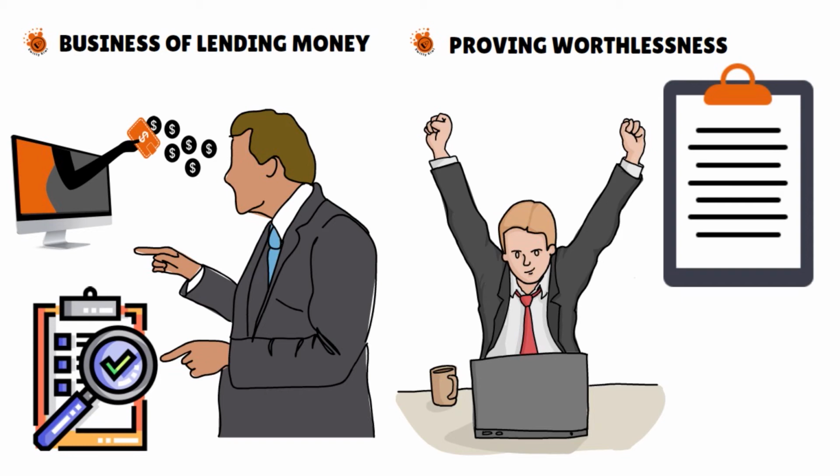So proof of worthlessness is best established by an identifiable event demonstrating the loss of value for the debt. So if you have casualty, you have theft, you have what we call acts of God, and so on and so forth. All right. So this is very important.